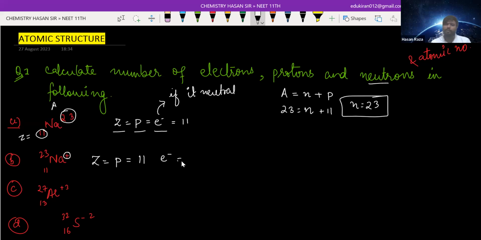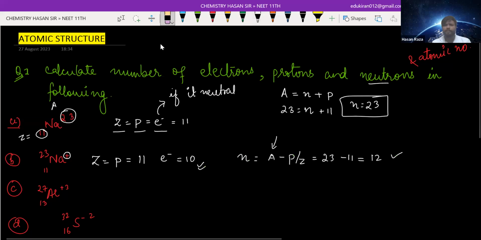So how many electrons are left? 10. And if you want to calculate the number of neutrons, you can write A minus P or A minus Z. A is 23, minus 11, that is equal to 12. Simple. Oh, wait a minute. I made a mistake. 23 minus 11 is equal to 12.